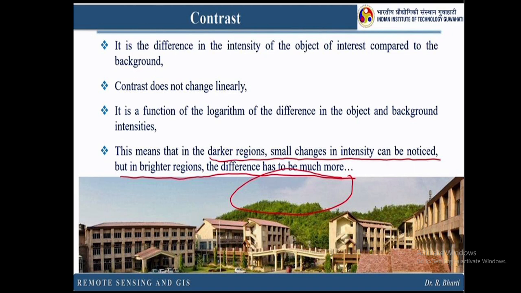The contrast does not change linearly, and it is a function of the logarithm of the difference in the object and background intensity. So contrast changes the image background and image intensity. This means that in the darker region a small change in intensity can be noticed, but in the higher region the difference is not as noticeable.